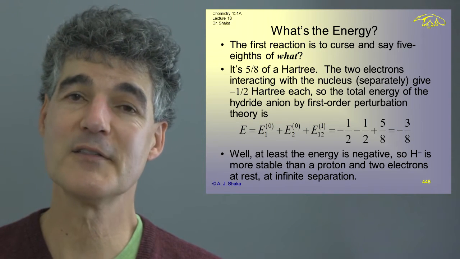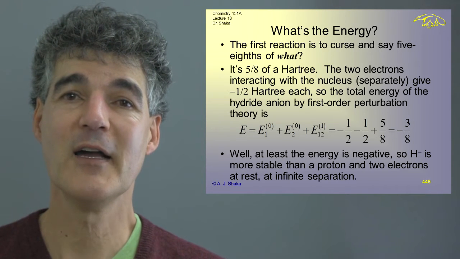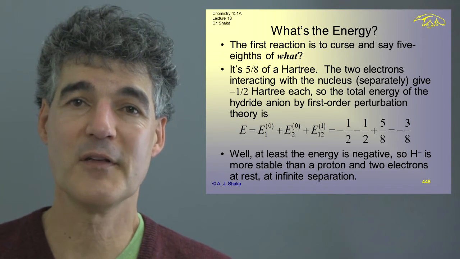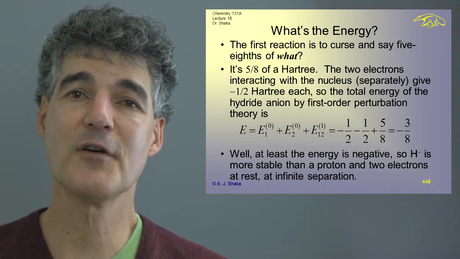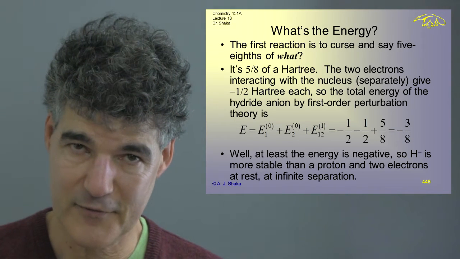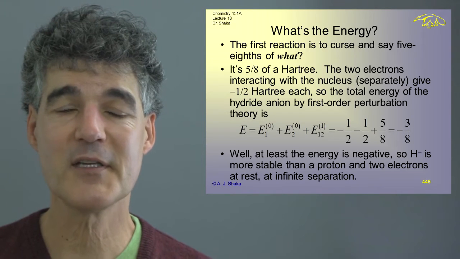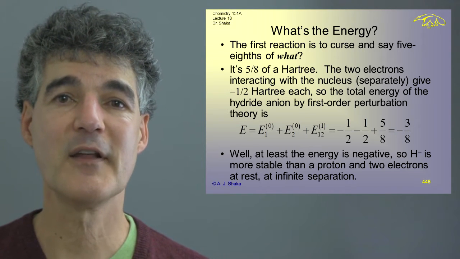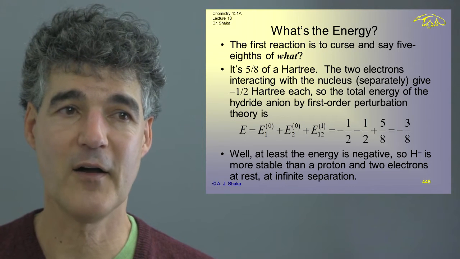So one way is to close your eyes and just say, look, I didn't do anything wrong. I set up these units. I know this is energy. It's got to be a Hartree. If that doesn't reassure you, you can go back and put in all the constants, now that you've done everything. Let them ride along. Very messy stuff. And you can see that it is 5/8 of a Hartree. All the constants just ride along.